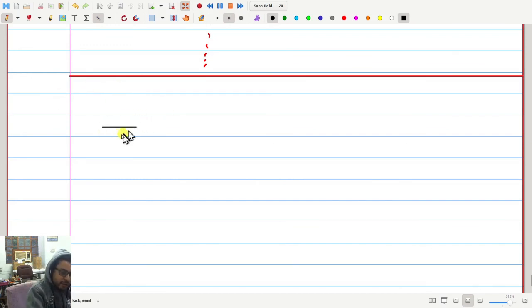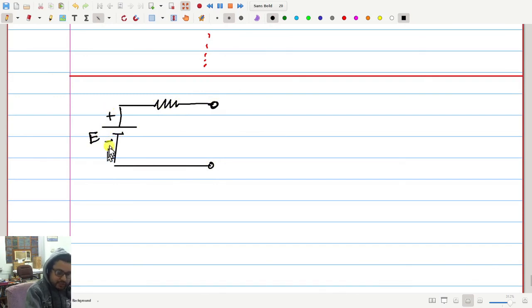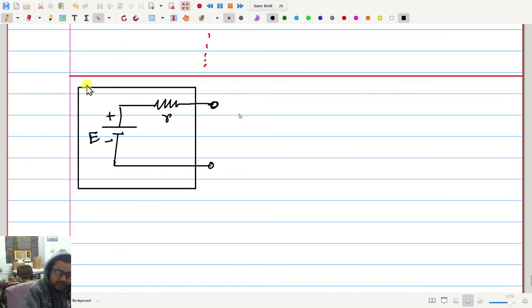So, suppose we have a practical voltage source with some internal resistance. Suppose this EMF is E, with plus and minus, and this resistance is R. Let everything be closed inside a box.